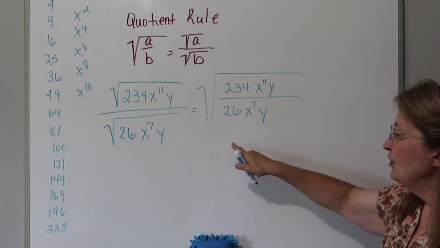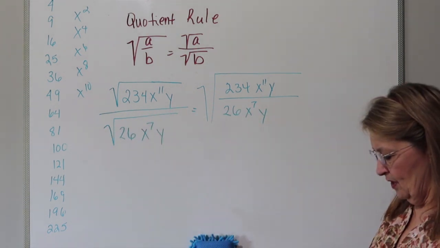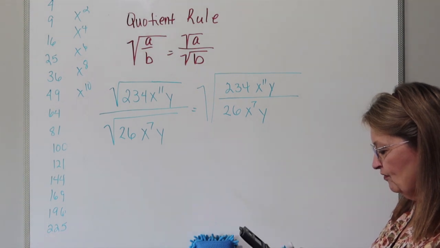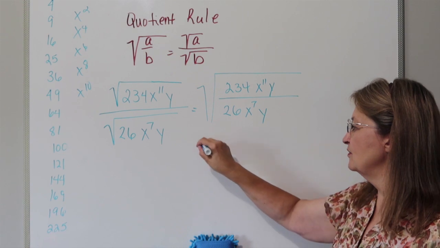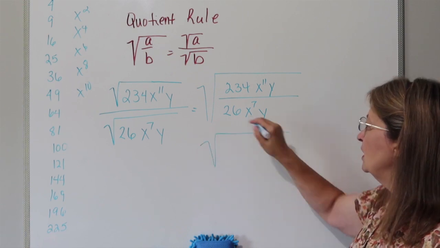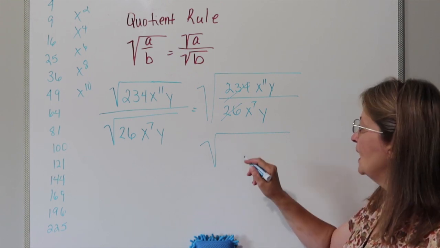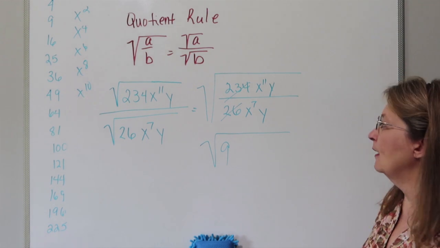And let's see what we can reduce down here. Well, I know I can reduce these, and just because I know how books do, I'm going to do 234 divided by 26. And see, these go into each other perfectly. So as far as reducing down, 26 will go into 234 9 times. So that would be a whole number 9.